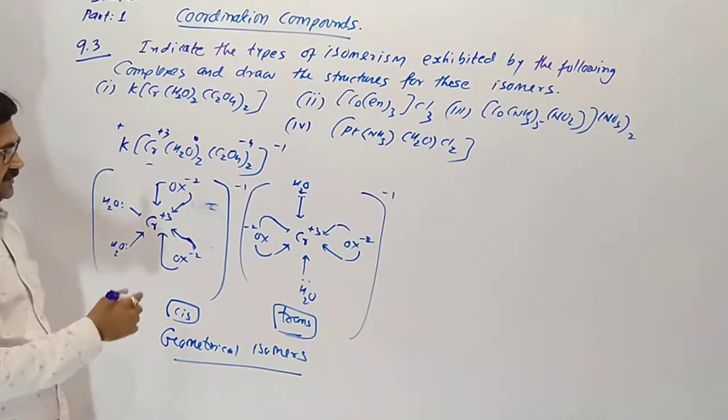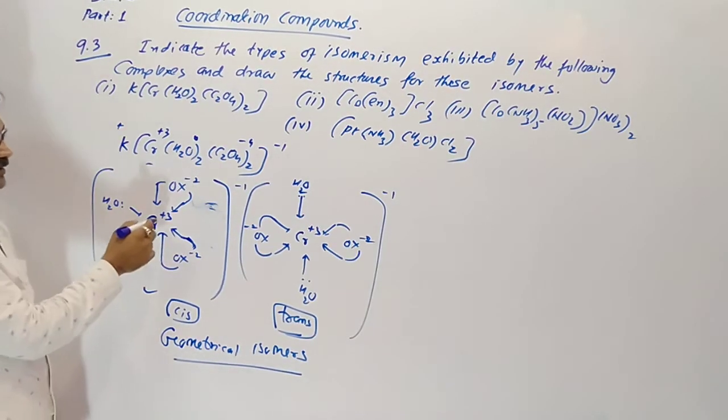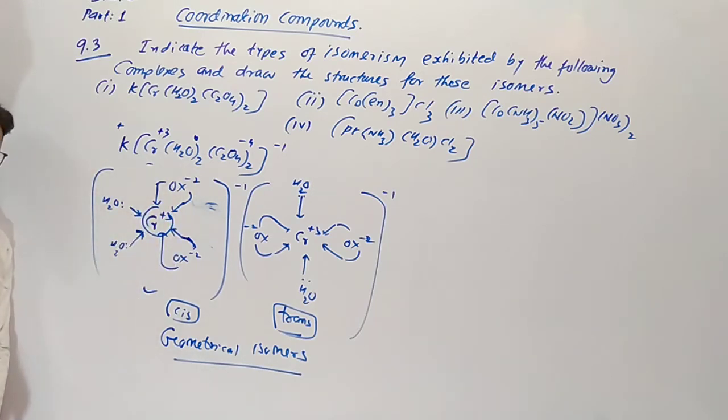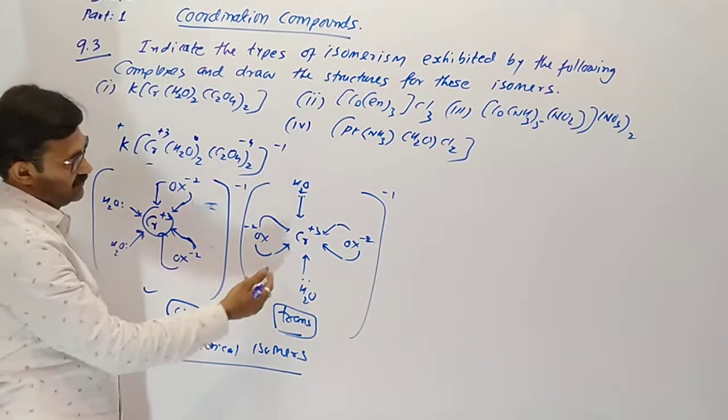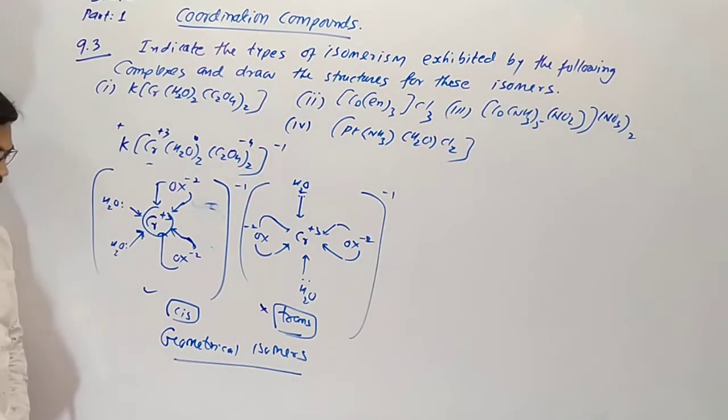But here only cis is optically active. Here the total number of coordinate covalent bonds is 6, so it is octahedral. Trans is not optically active.